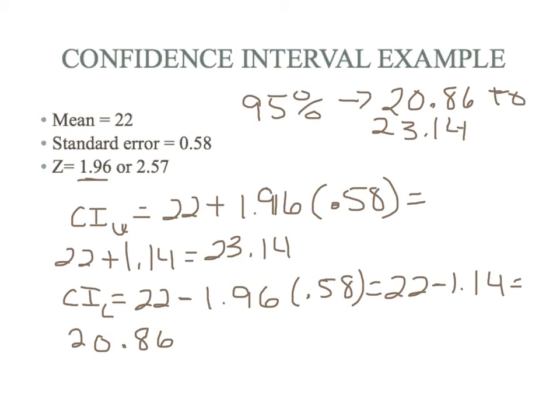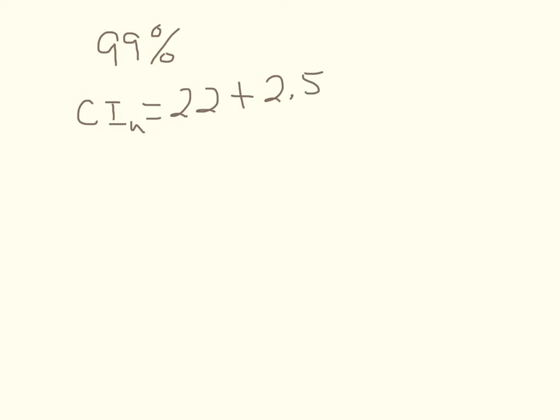Okay, let's go ahead and do a confidence interval for the 99% level with this same data. So working with the same data, we are going to be doing a 99% level. And so the confidence interval upper is going to equal 22, that's our mean, plus this time 2.57 times the standard error, which is 0.58.